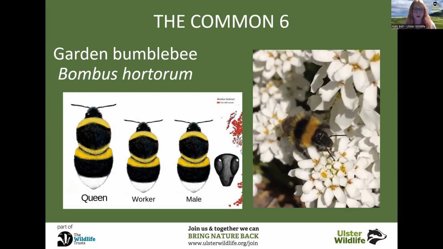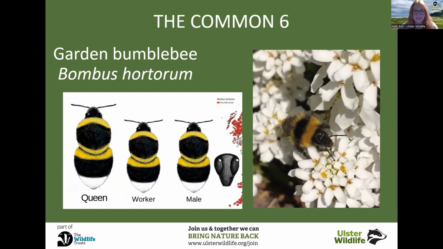Sometimes it's harder to tell how many stripes are on it, but there's a few other things to indicate that this bee is a garden bumblebee, and that is the big long face. They're also huge. This is the biggest queen we have, and they come out a bit later.